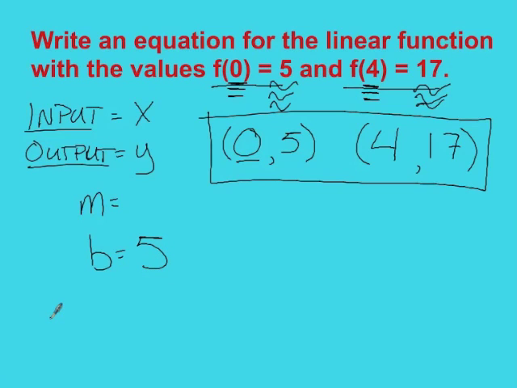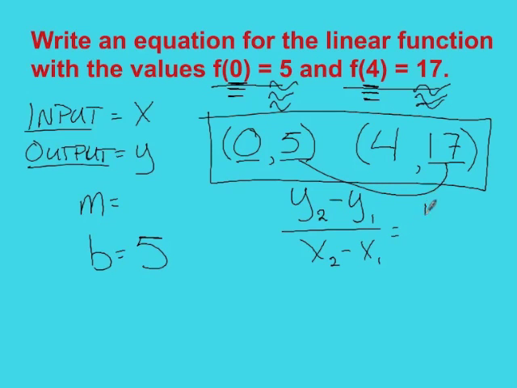So now we know what our y-intercept is. We need to figure out what our slope is. And now we have to do that long equation, the y2 minus y1 over x2 minus x1. So I'm going to take my y2, subtract my y1.